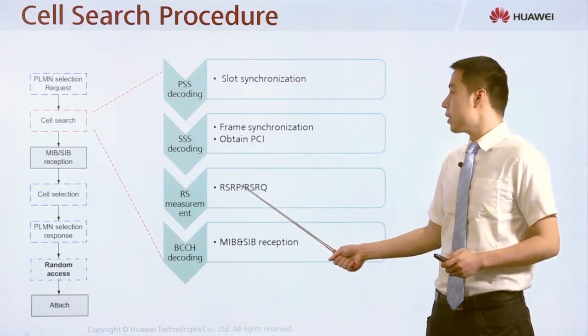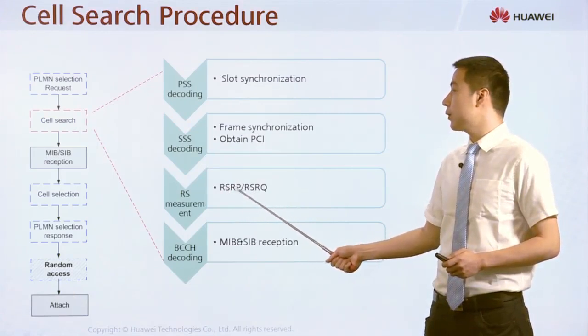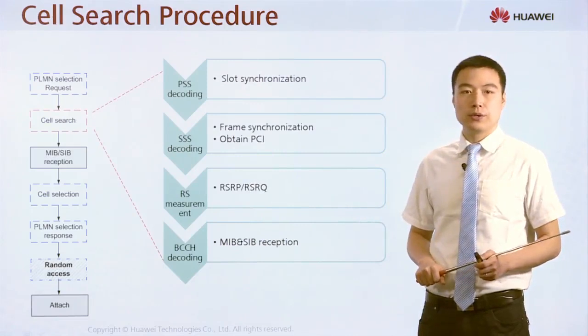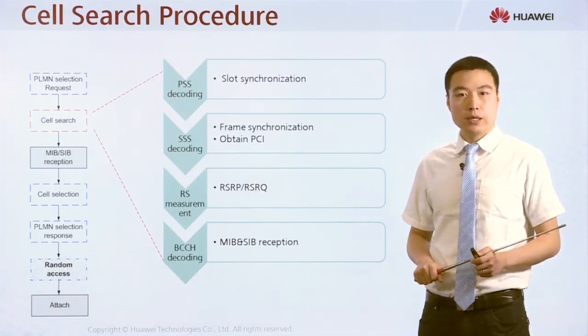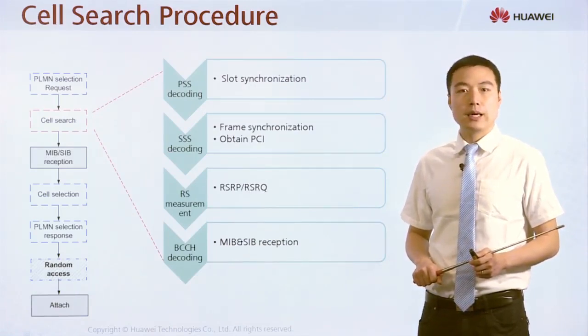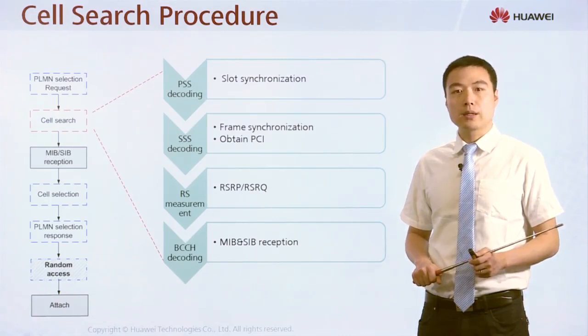RSRP means reference signal received power. RSRQ means reference signal received quality. RSRP indicates the signal strength, like the RX level in GSM. RSRQ indicates the signal quality, like the Ec/No in WCDMA.